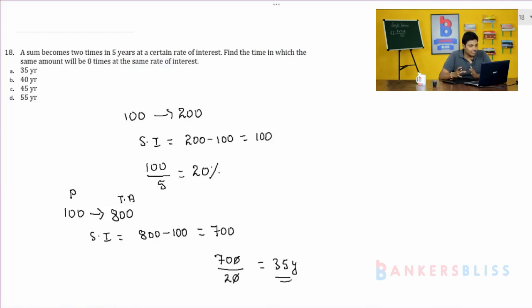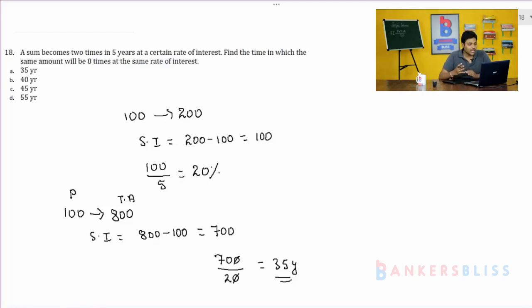Okay. In the first case, 5 years 2 times, so 100 is going to become 200, simple interest will be 100, 100 by 5, 20%. In the second case, to calculate the time period you should know the rate of interest. In the first case itself you have calculated the rate of interest, that is 20%. In the second case it is going to become 8 times, so 100 is going to become 800.